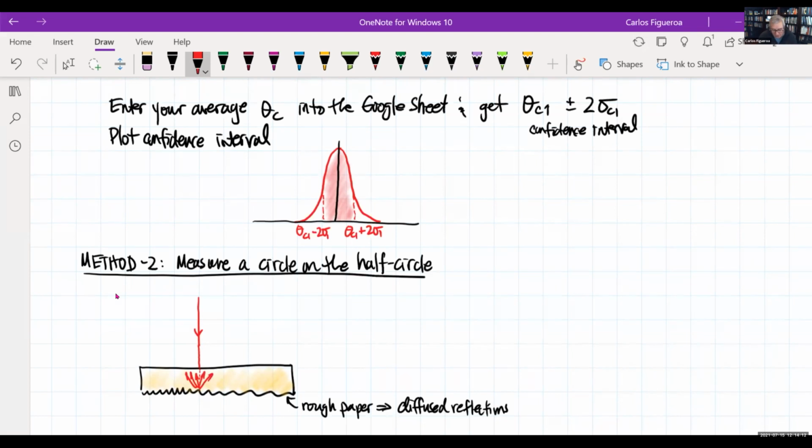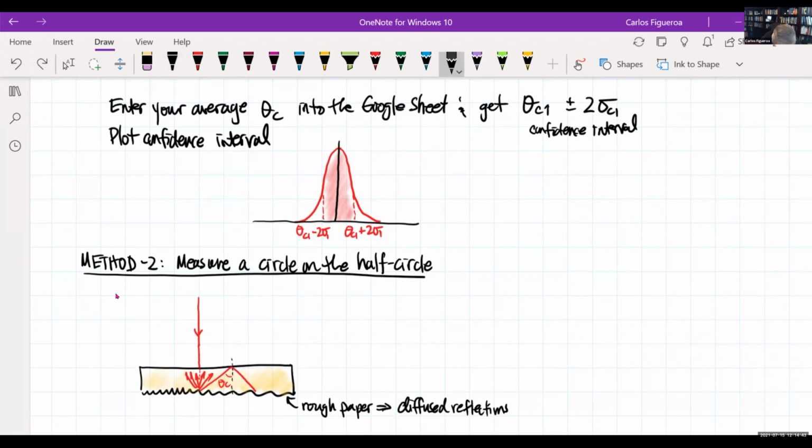But it can't go all over the place because at one point, guess what happens? You reach the critical angle. And that means that over here, because you've reached the critical angle right here, you'll get a dark spot.